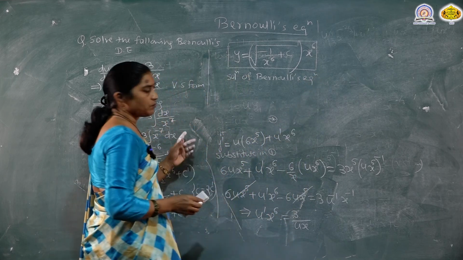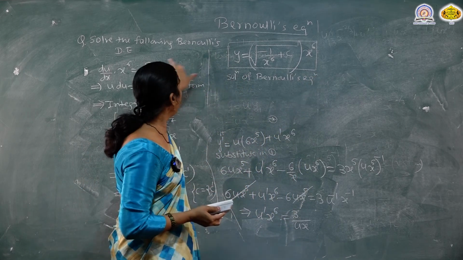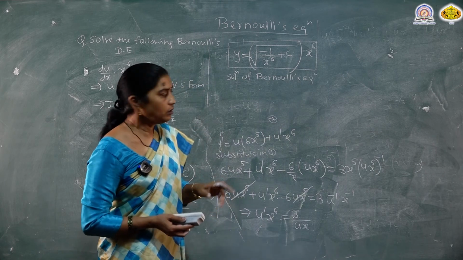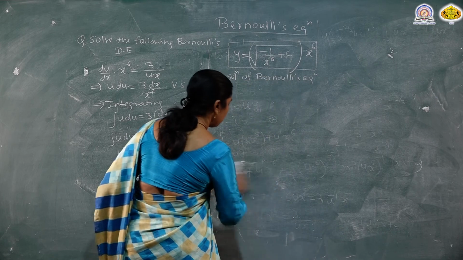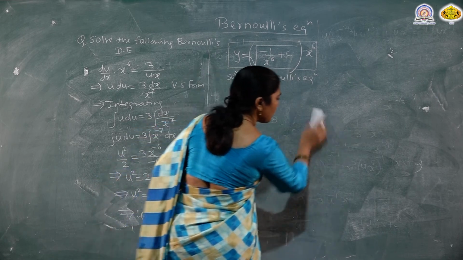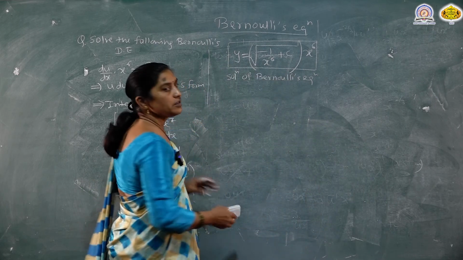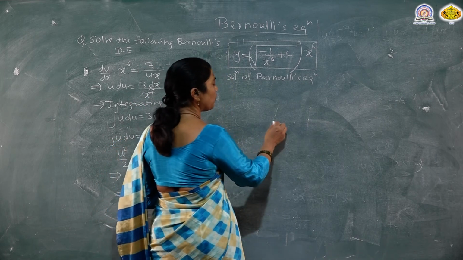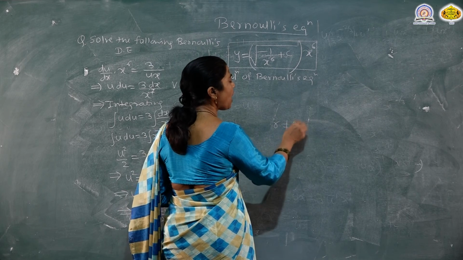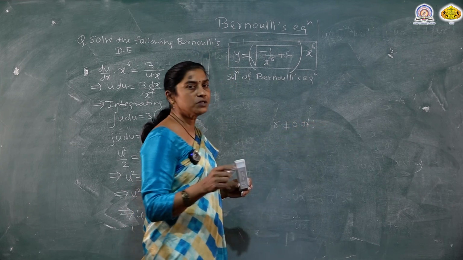So observe that any Bernoulli's equation is always of the form y dash plus p(x) y is equal to f(x) into y raised to r, where r is not equal to 0 or 1, because if r is 0 or 1, it becomes linear.